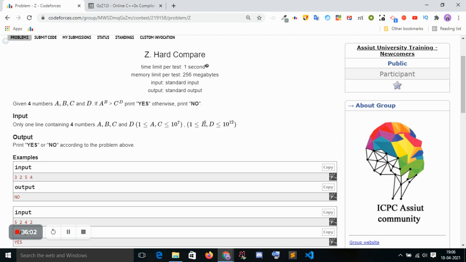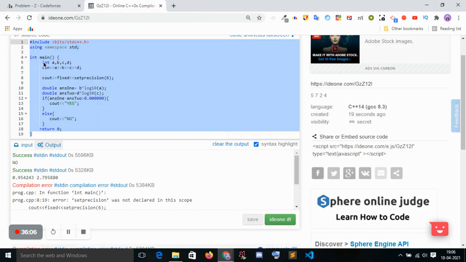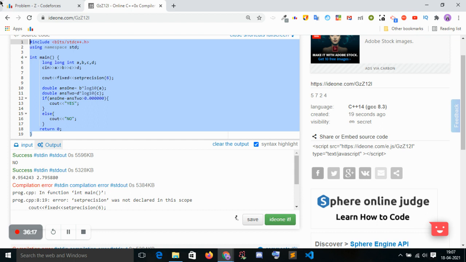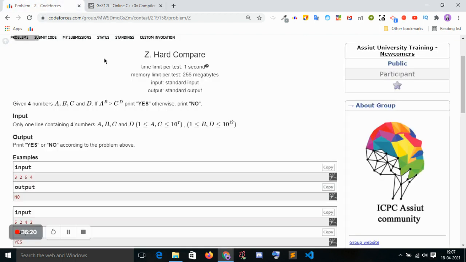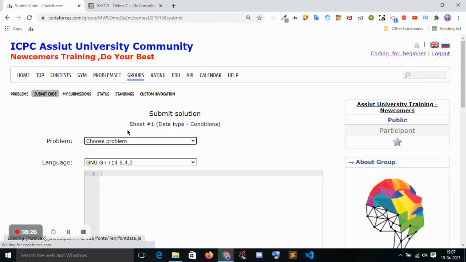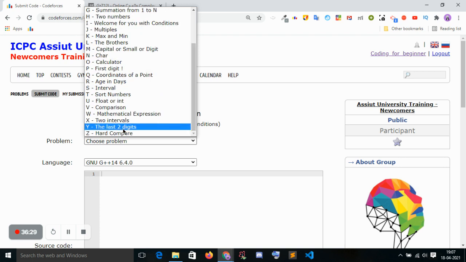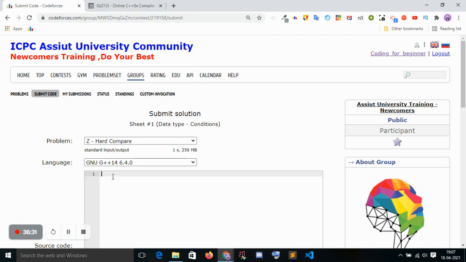The problem is that b or d can be very large, like 10^12. I need to make it long. It was my mistake. It should be long int, because int is definitely not enough. So always check this condition.